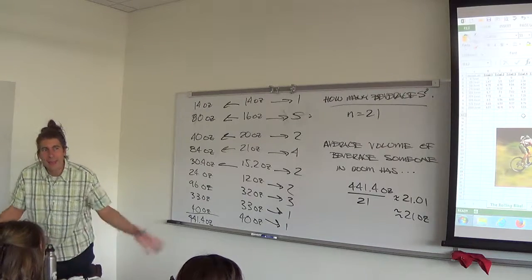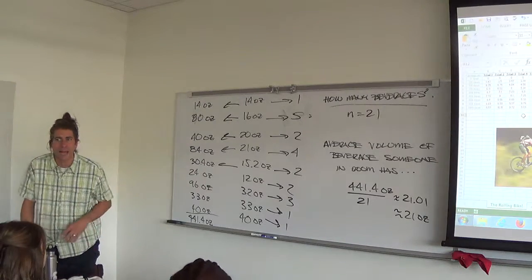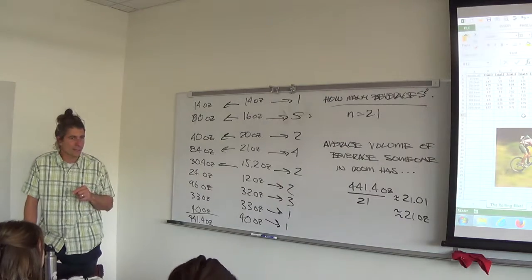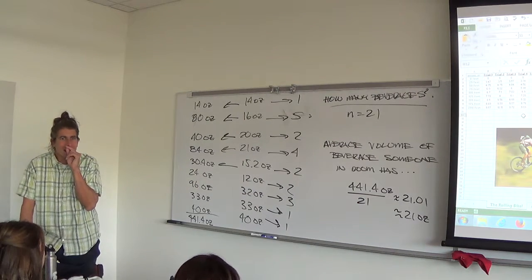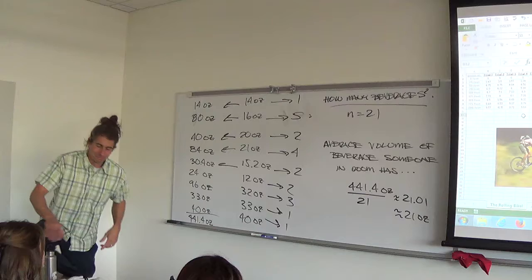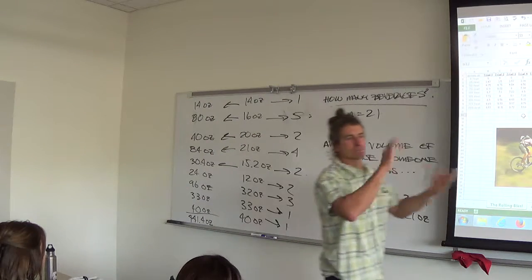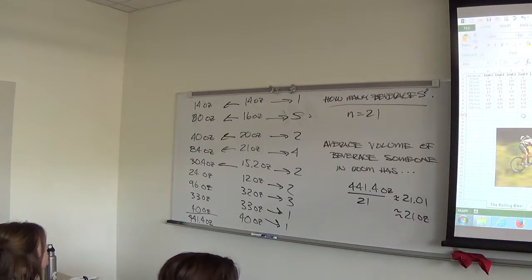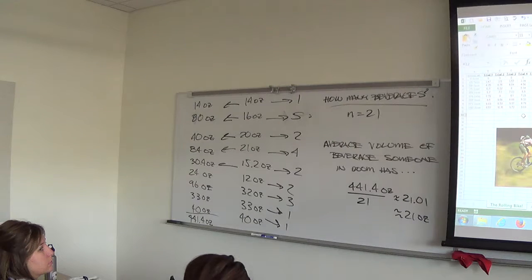So when you add everything up and divide by how many you got, what is that 21 telling you again? Go ahead, Chrissy. If everybody in the class could have something, it would be 21 ounces. If we had 441 total ounces of beverage, split evenly amongst all 21 of you, you'd have 21 ounces each.